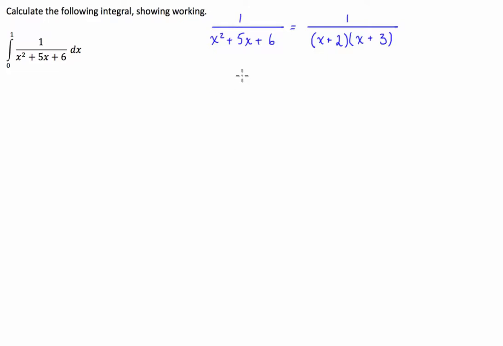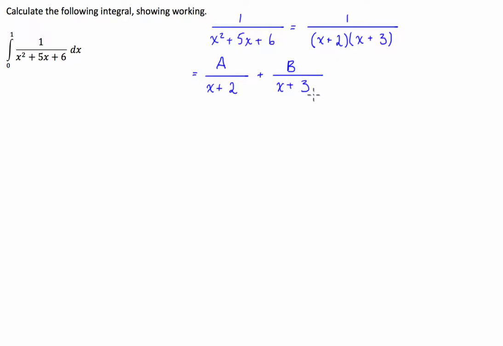So what I mean by that is we're going to make this equal to A, now this is the partial fractions part, over x plus 2, and we're going to add that to B over x plus 3. Now the reason I do this is so I can then separate them in the end. So I need to find out what A and B equal.